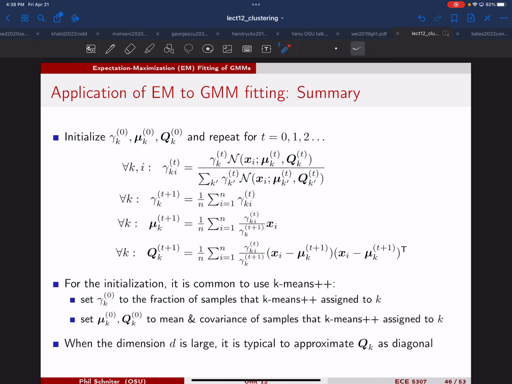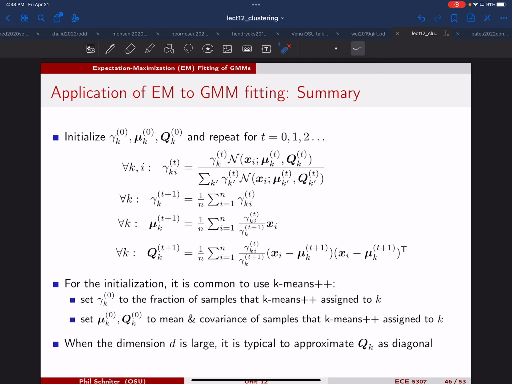So a comment, though, is that one issue in doing this is, this is a D by D matrix. So if you have many features, dimension D is large, this is a large matrix, and estimating matrices, you just need a lot of data. Generally speaking, if you have a D by D matrix, you need roughly at least 10 D samples in a sample covariance matrix to get a reasonable estimate.